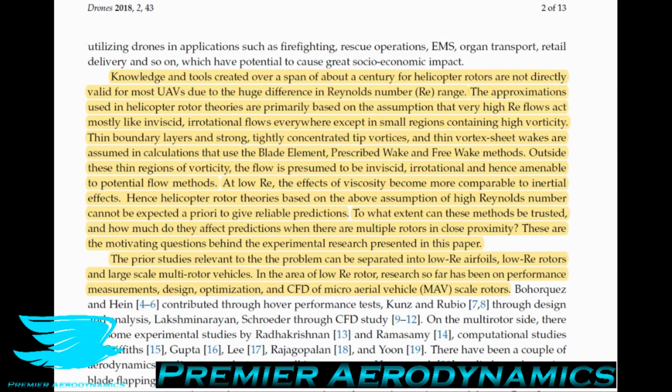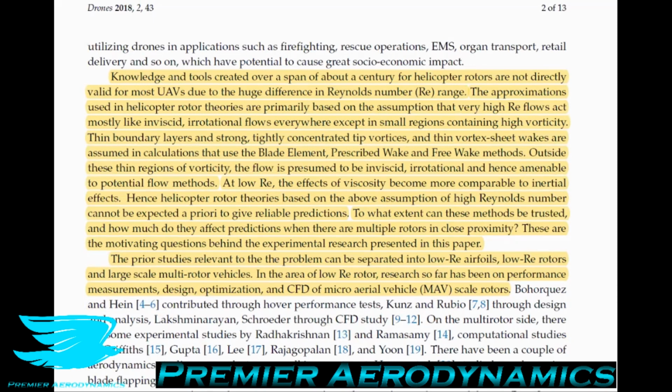So going on, knowledge and tools created over a span of about a century for helicopter rotors are not directly valid for most UAVs due to the high difference in Reynolds number range. The approximations used in helicopter rotor theories are primarily based on the assumption that very high Reynolds number flows act most like inviscid irrotational flows everywhere except in small regions containing high vorticity.